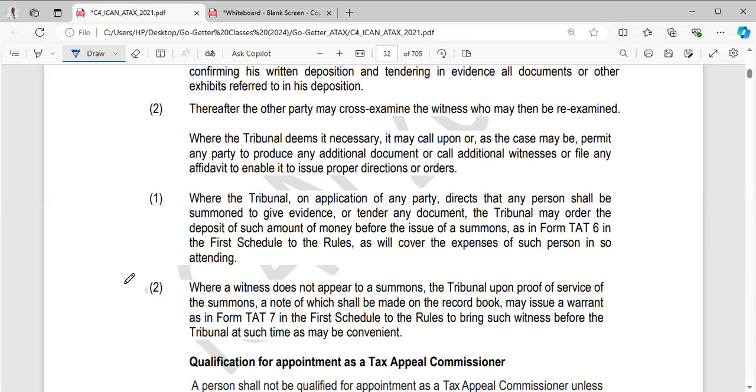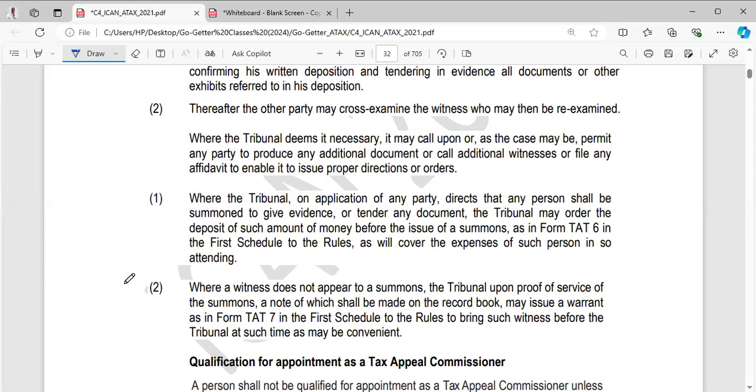So these are just the procedure. So where a witness does not appear to a summons, the tribunal may, upon proof of service of the summons, issue a warrant to bring such a witness before the tribunal at any time that may be convenient. So we see here that these are just procedures.